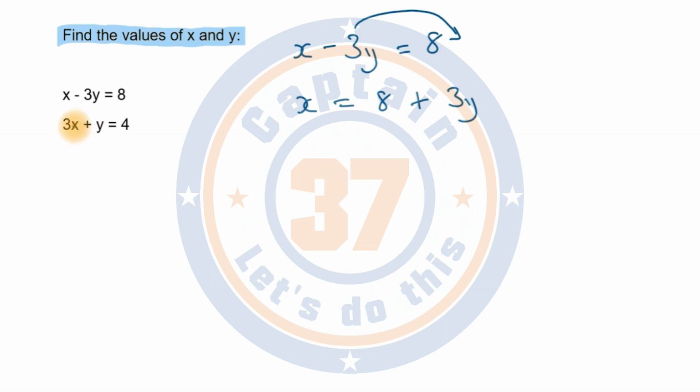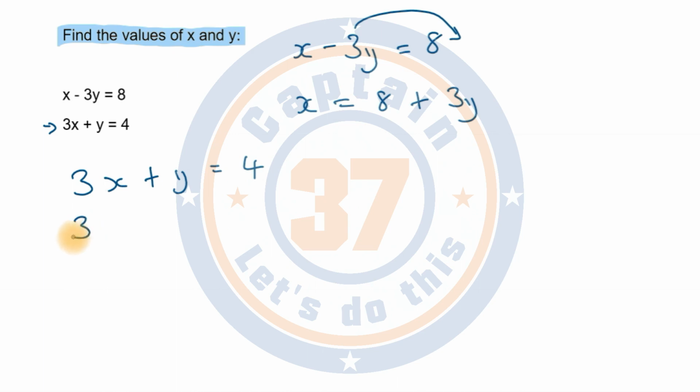Now what we're going to do is get 3x plus y is equal to 4. We are going to substitute this x with this expression.